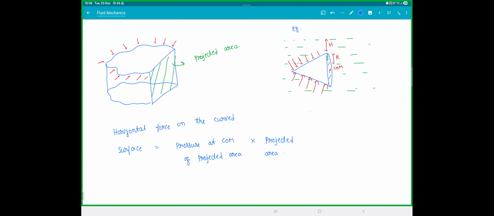So this horizontal force on the curved surface will be pressure at the center of mass into area.